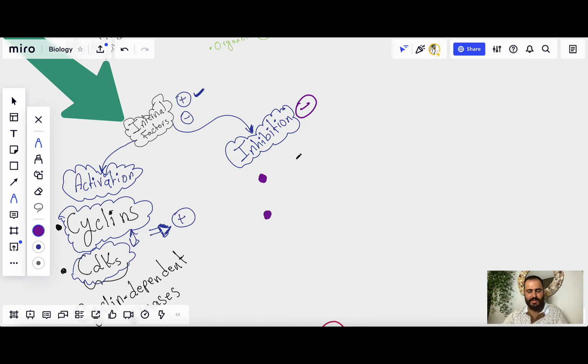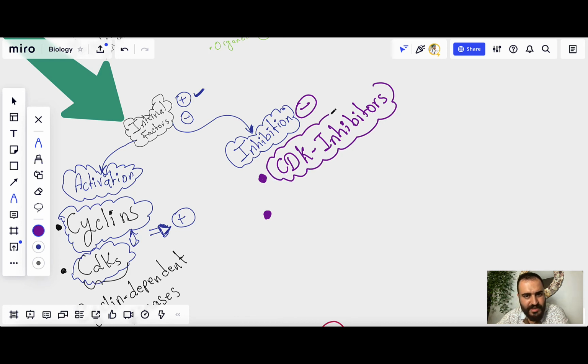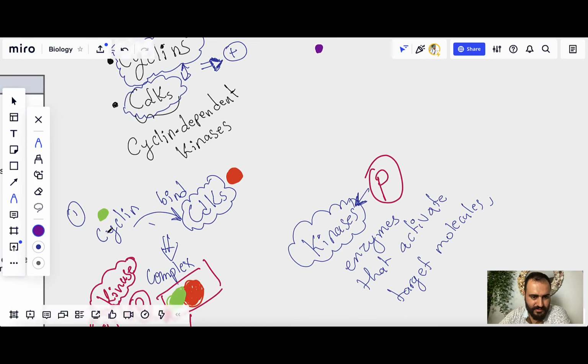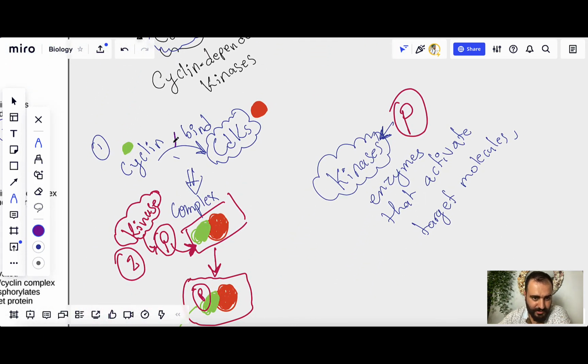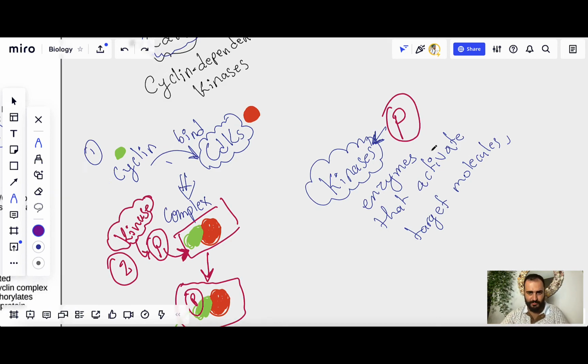The first level is by inhibiting the CDK, and we call these CDK inhibitors. CDK inhibitors prevent the binding between CDK and cyclin. As a result, all the rest of the steps won't happen.